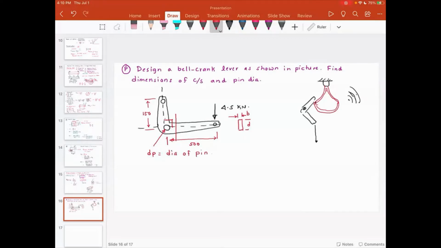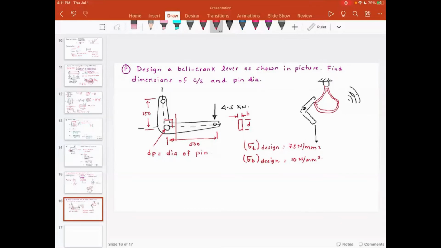Now the safe stress in tension, sigma T design, is equal to 75 Newton per millimeter square. The safe bearing stress, which is designed, is 10 Newton per millimeter square.